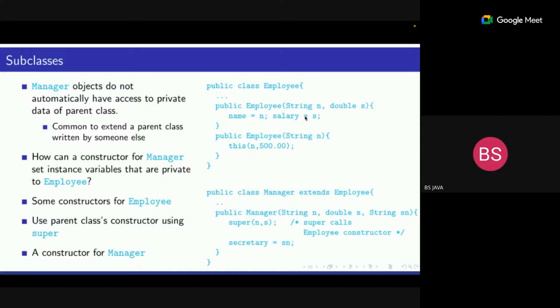Now the values for name and salary will be set, and secretary we can set directly here because it is coming from the manager class only. So this is how you access the private variables of the parent class. Getting it? Is that okay?